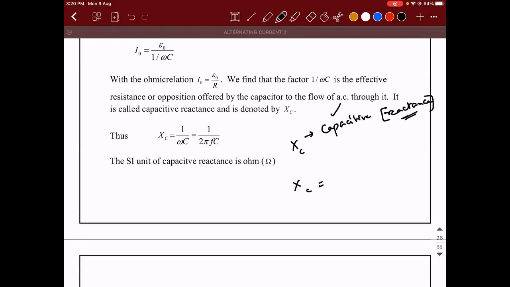So what is the value of XC, guys? XC is equal to 1 divided by omega C. This will also be equal to 1 divided by 2 pi f into C. I hope you remember this.